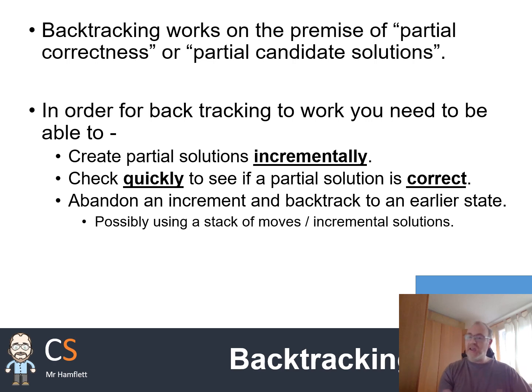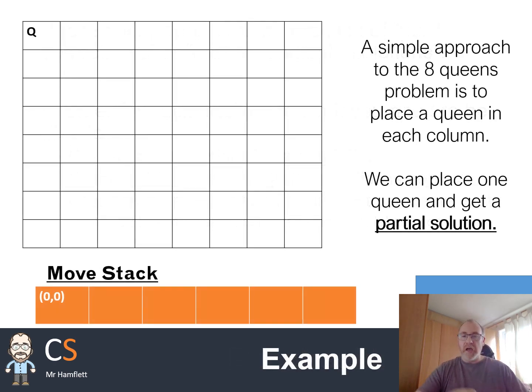Okay, so let's see it in action. So imagine I've got my 8 queens board and I place 1 queen. Okay, this is a partial solution. Now it's a trivial one because I've got 1 in there. It's fairly noddy, but it's there. We also, to go alongside this, have a stack. Now, you may not remember stacks or maybe not studied it yet, I don't know, you should have by now. A stack is essentially a data structure where the last item added to the stack is the first taken off, effectively like a stack of books.